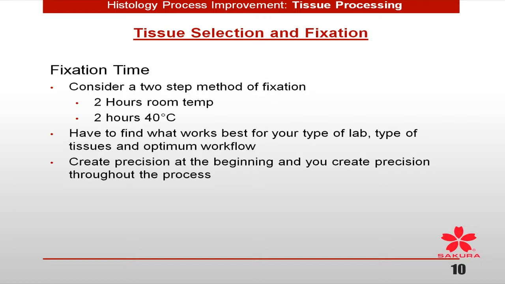You're gaining back time into your lab for you to work with that tissue sample to create the best section, the best stain, the best result, which allows you to be more patient-centric. That's what all this is about: continuous process improvement, finding which processor works by segregating your tissue, by creating precision, that's what you're trying to do. And again, creating precision at the beginning, and then you also create precision throughout your process. And that's what we all want.